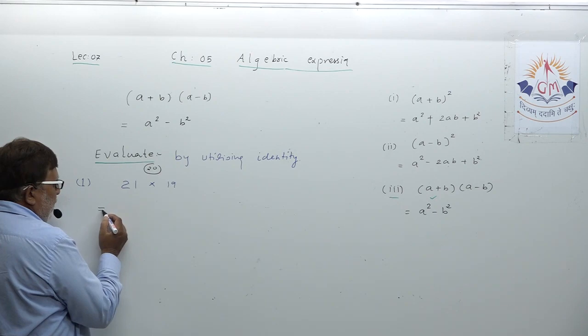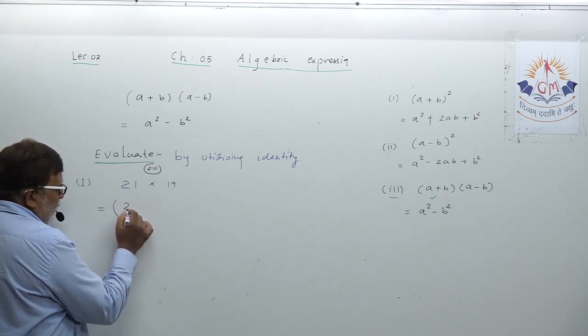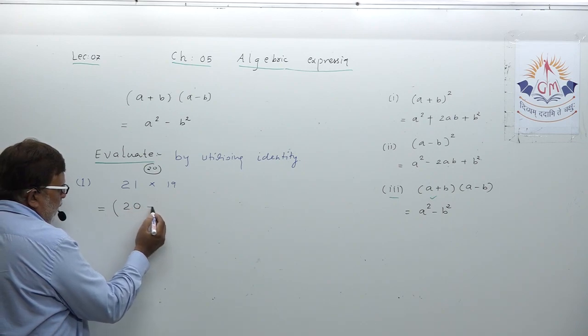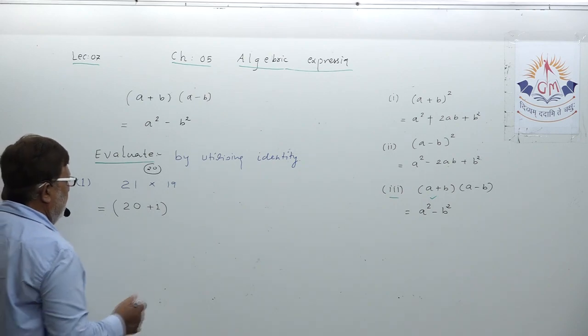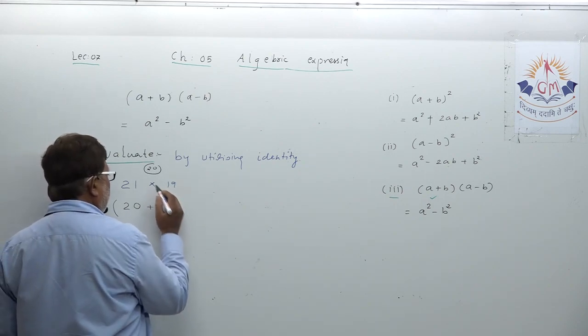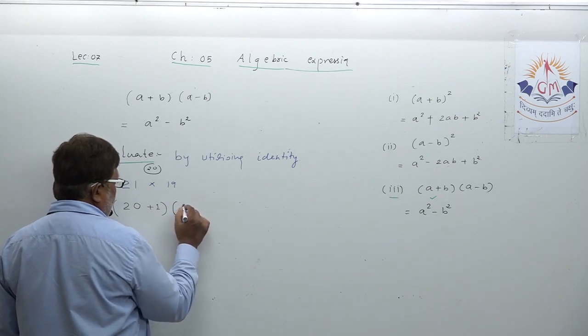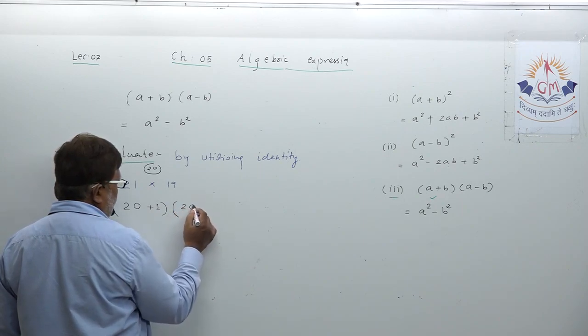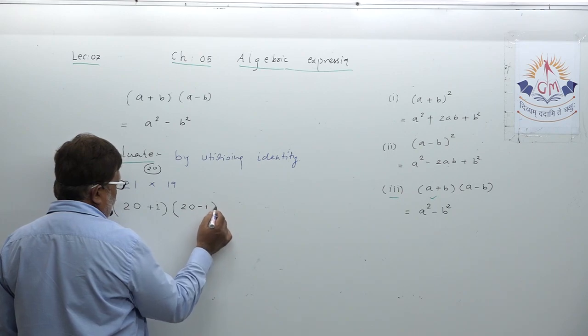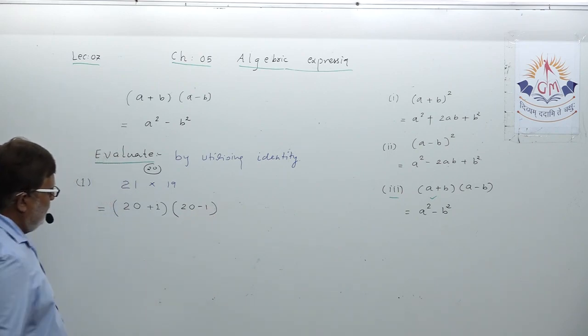Instead of 21, can I write it this way? 20 plus 1. Clear in your mind? Instead of 19, can I write 20 minus 1?